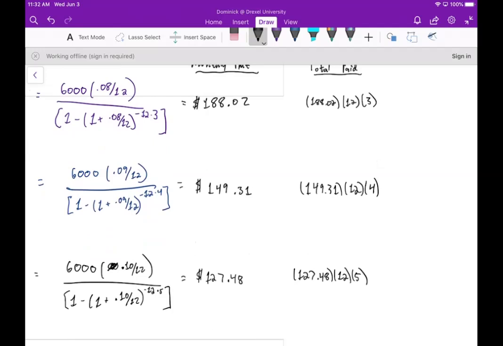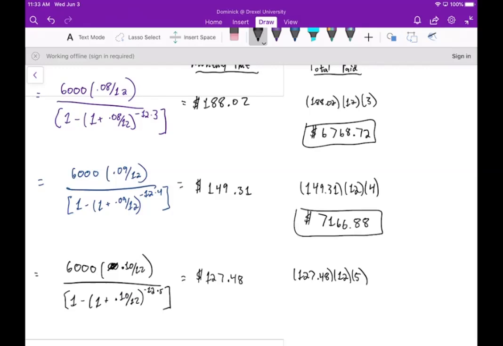Okay, so the first one, 188.02 times 12 times 3 will give me a 6,768.72. For the next one, 149.31 times 12 times 4 will give us $7,166.88.